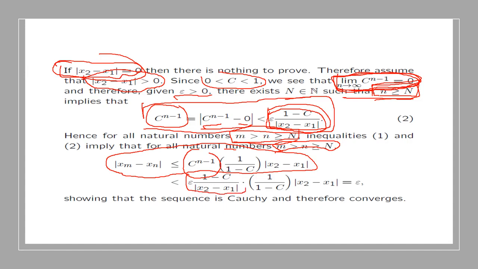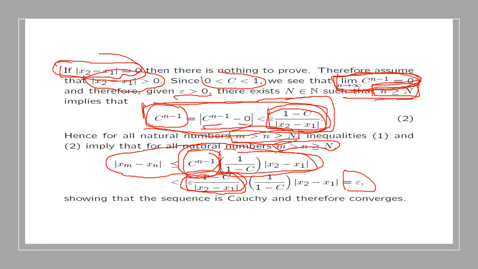Then you simply multiply it by this. So all you do is replace this one by this term here, which comes from here. And then you see that this will be equal to epsilon.